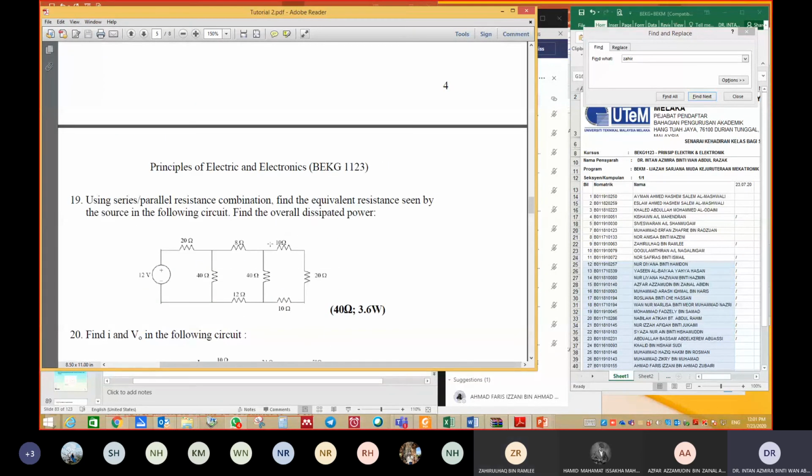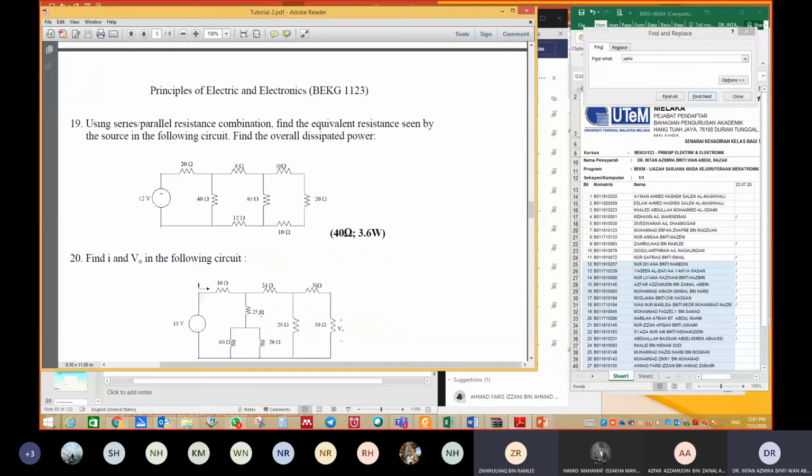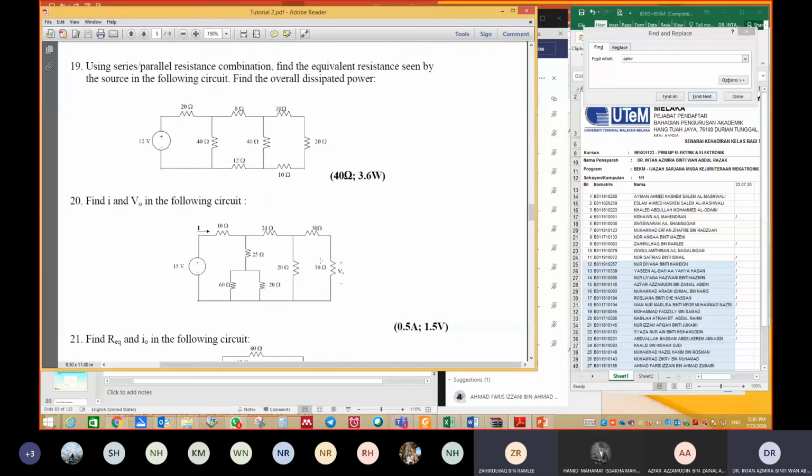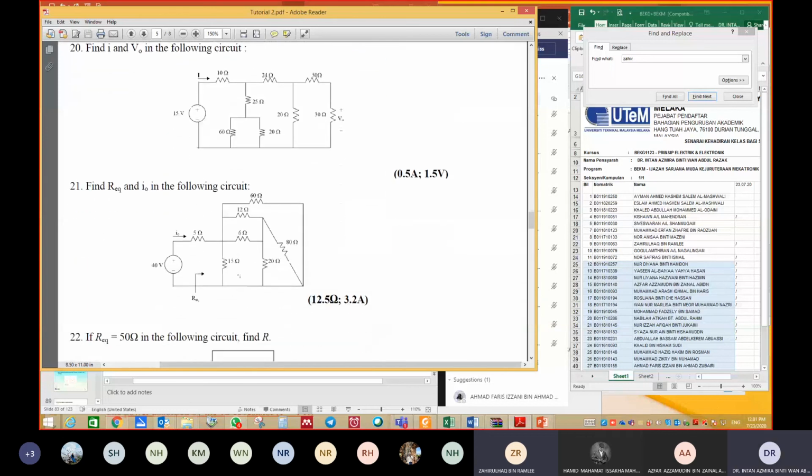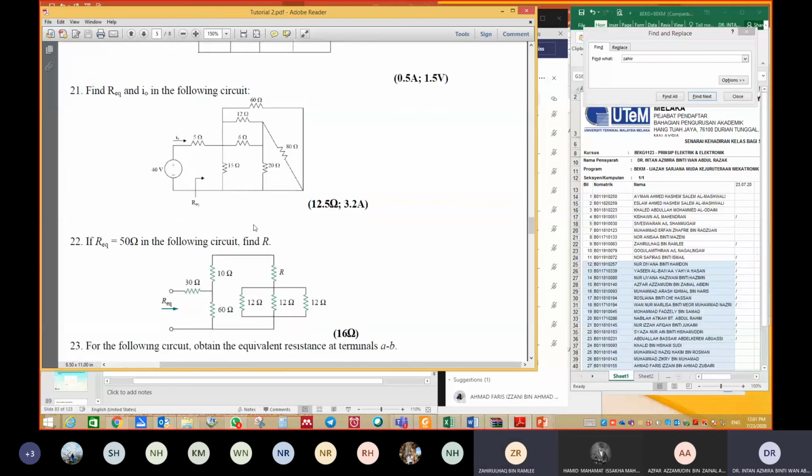Then number 19, 20 also can. Try it. R equivalent, how to find R equivalent here? Try. We have learned today. Find I naught.